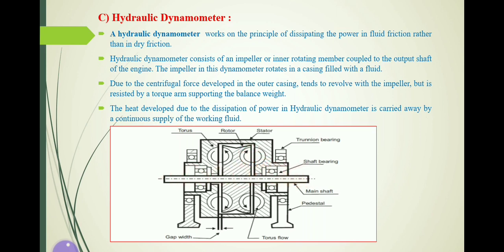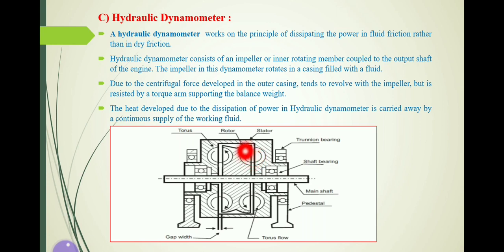But we have to measure the amount of brake power, that means the brake power which is available in the main shaft. So in whatever gap width is available, at this point we insert the liquid between the stator and rotor, and we increase the pressure of the liquid available between the stator and rotor here.